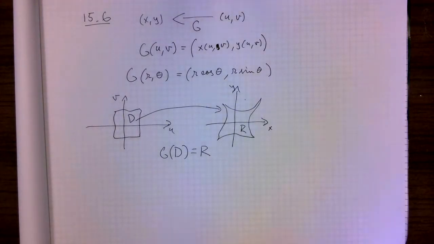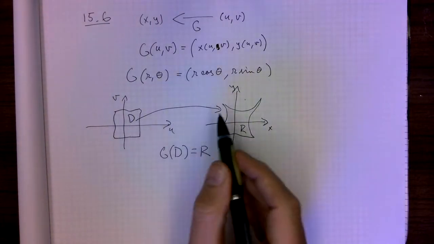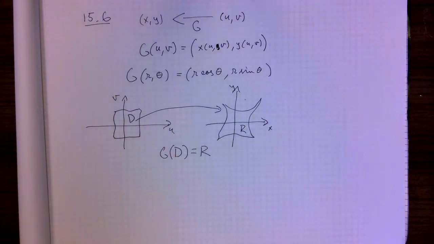And we really want to have that exactly one point over here goes to exactly one point over here. That's the kind of mapping that we'll want for this. We don't want the mapping to squish too many points into one point, or overlap the region onto itself too many times. You'll see where this comes up, and I'll mention this again when we write down the integral.